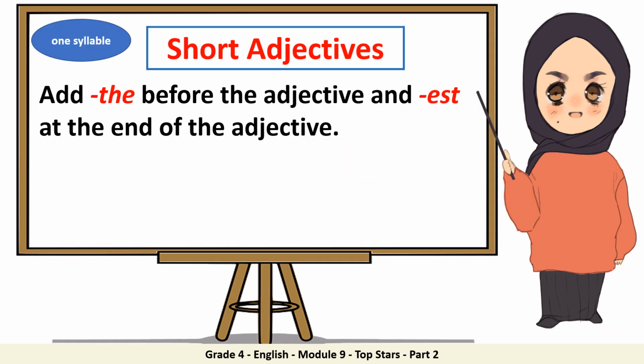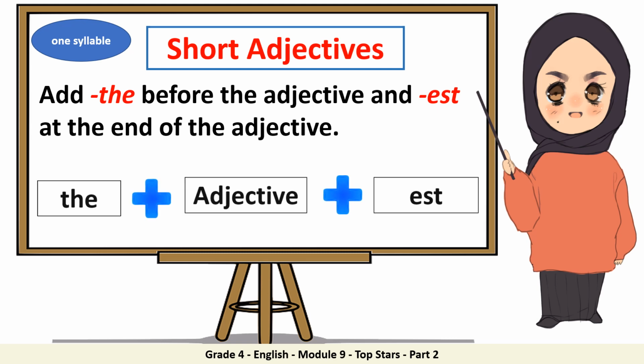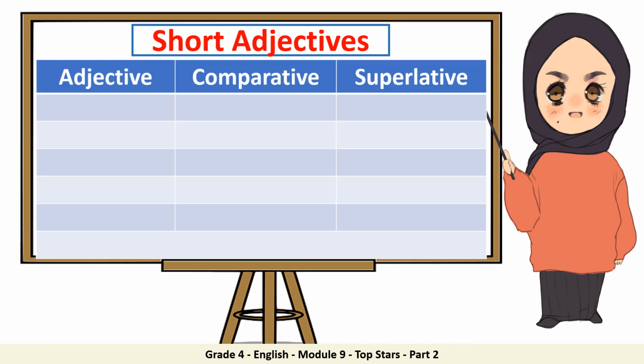Let's start with the short adjectives that have one syllable. For these adjectives, we add "the" before the adjective and "est" at the end of the adjective. I want you to have a look at this table for the short adjectives in the comparative and superlative form. Let's read it together.